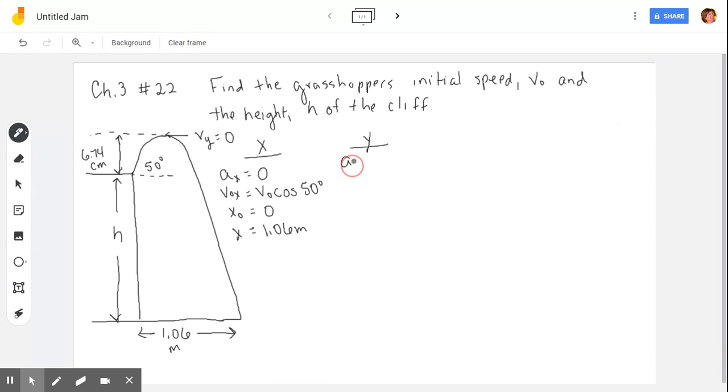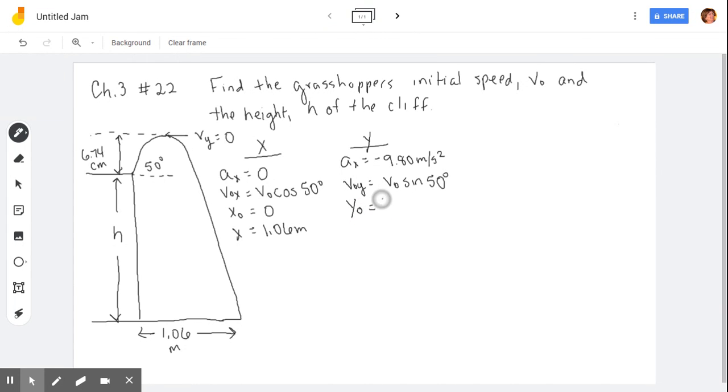we know our acceleration is negative g, or negative 9.80 meters per second squared. We need the vertical component of the initial velocity, v0y, v0 sine 50. We don't know this initial height.